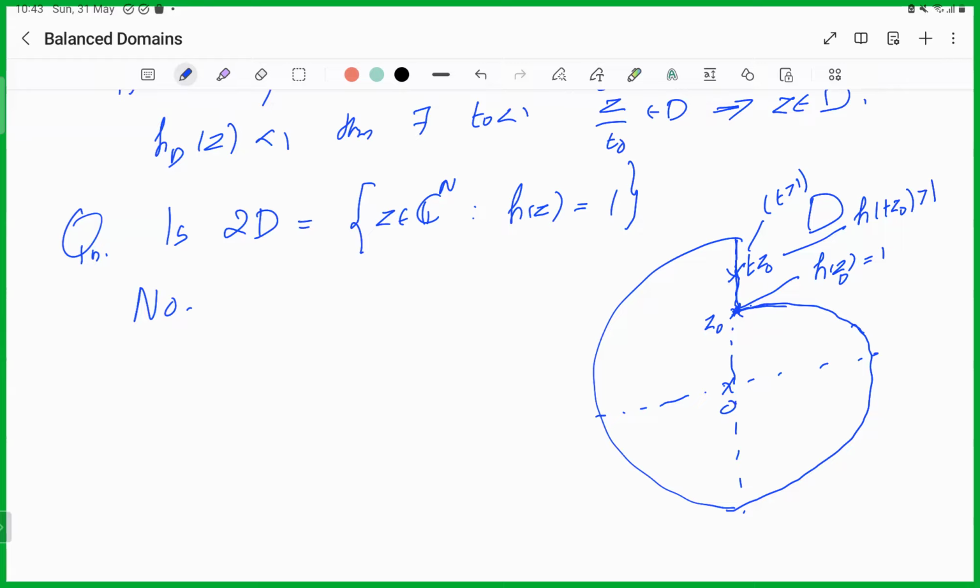Why? In dimension n equal to 1, what are the balanced domains? In dimension 1, one complex variable, what are the balanced domains? Disks, yes, and disks of any radius, actually, not only the unit disk.